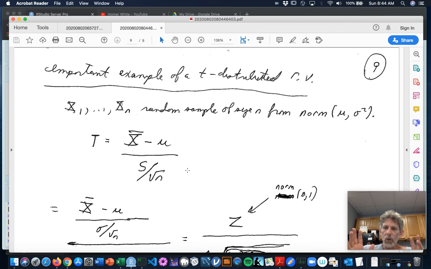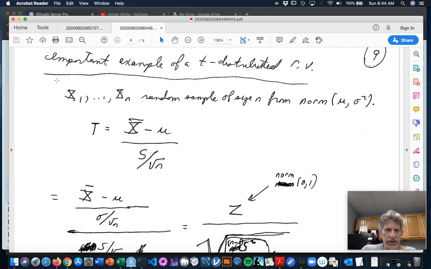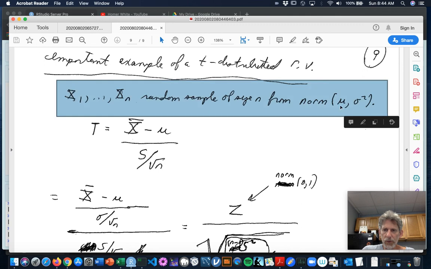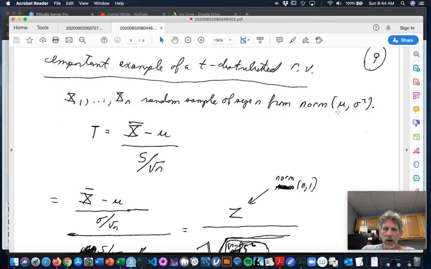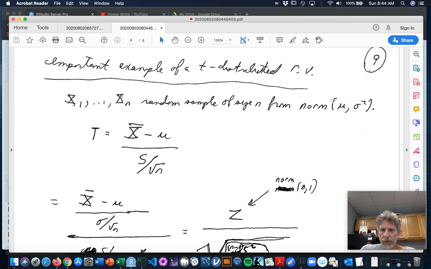I want to just gesture at why these t distributions are so important. Say that you've got a random sample of size n from some normal distribution, where maybe you don't know the mean and you don't know the variance. But maybe you're hoping that your sample mean could be a good estimate of the mean of the population. So you're definitely going to be computing your X bar. And you're wondering theoretically, how far off could the X bar be from the mu?